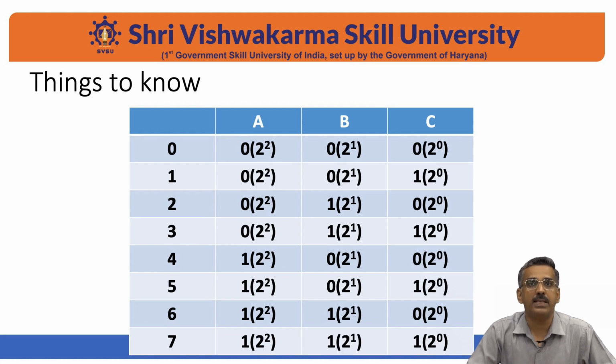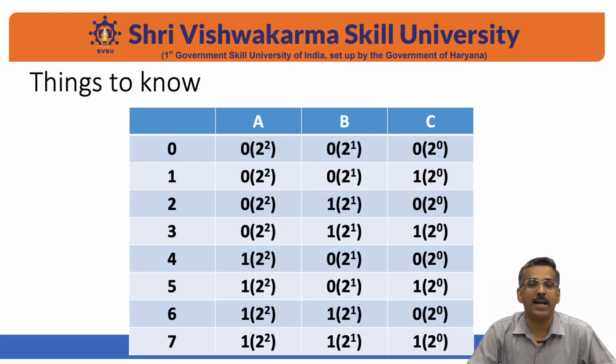The third one is the binary number system. How to represent the binary number system? The binary number system can be represented from 0 to 7 as shown in this table. If the binary number is 0, then the value at 3 terminals will be 0, 0, 0.